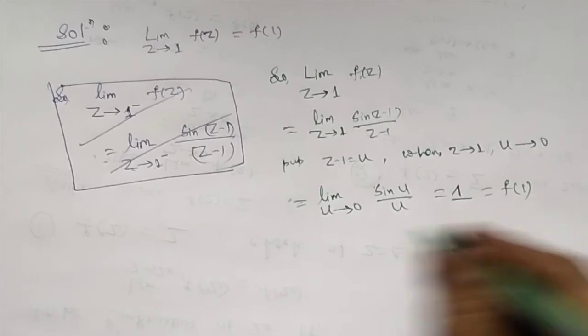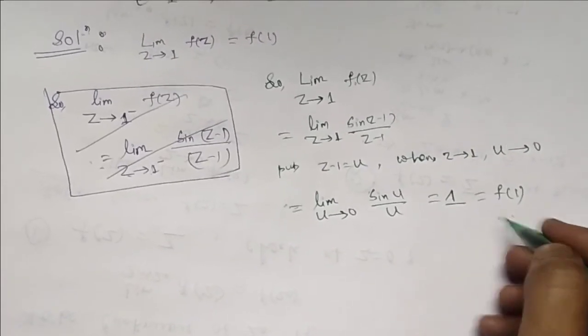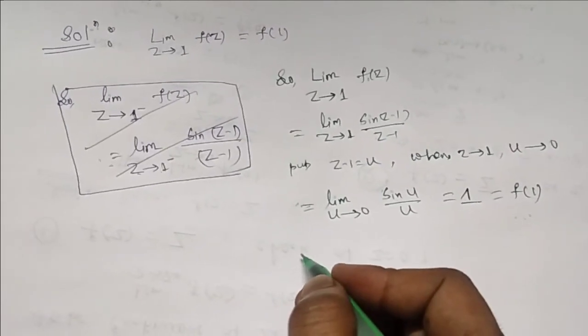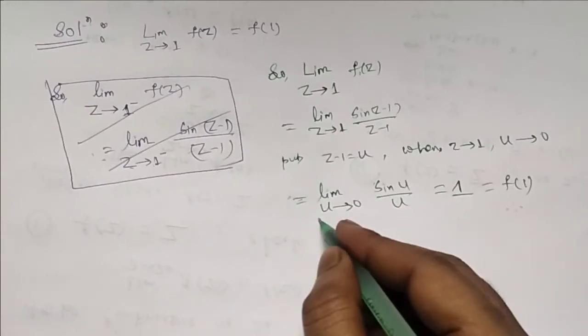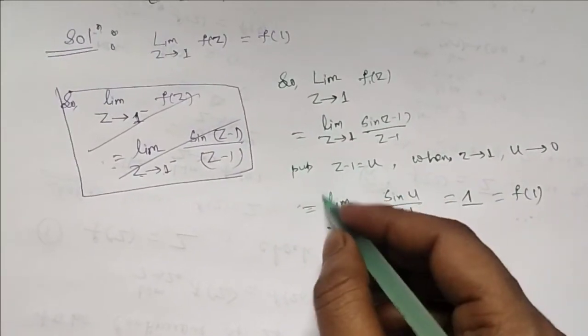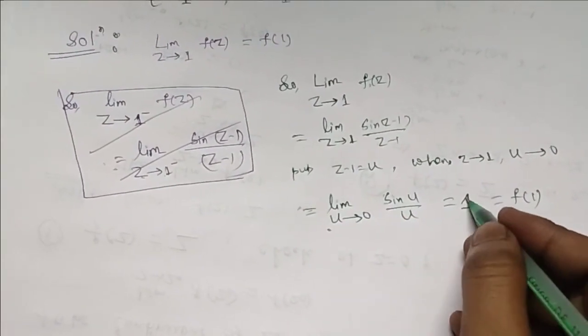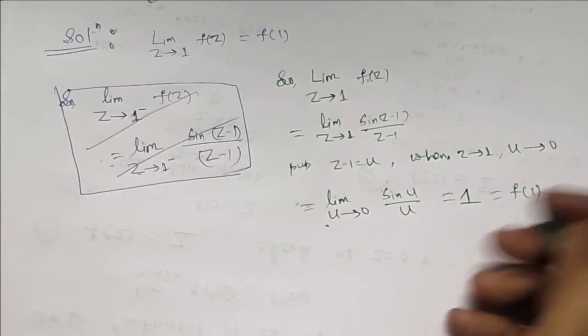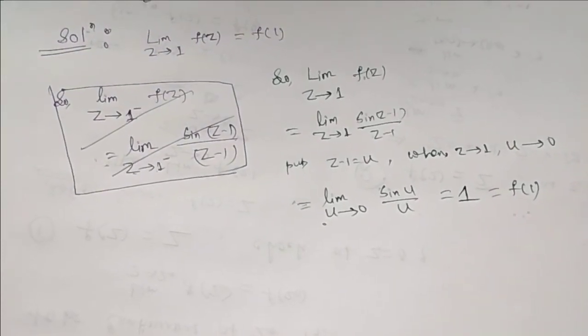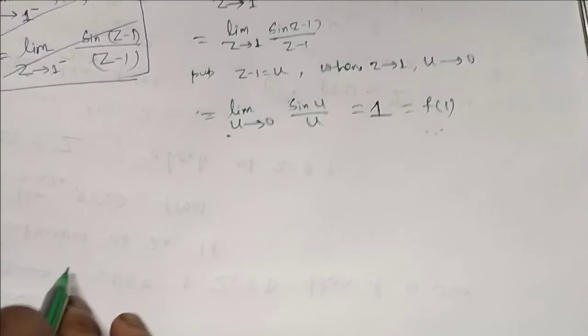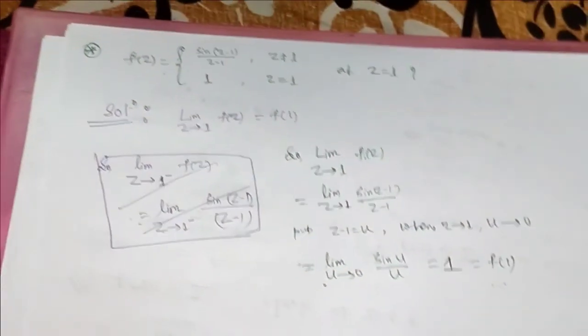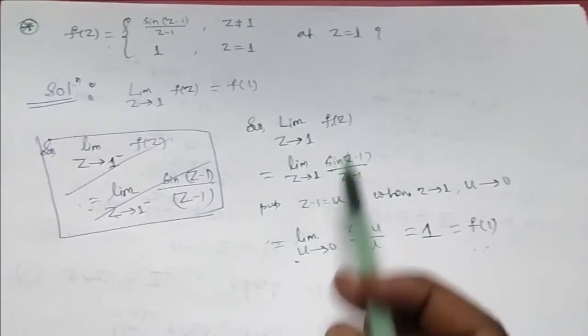So hence it is continuous at the point z = 1. The value of this limit is 1, which we have studied in limits. So the given function is continuous at the point z = 1.